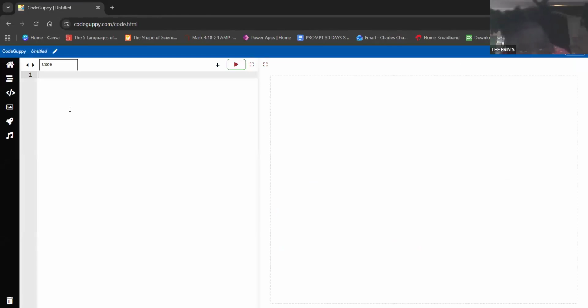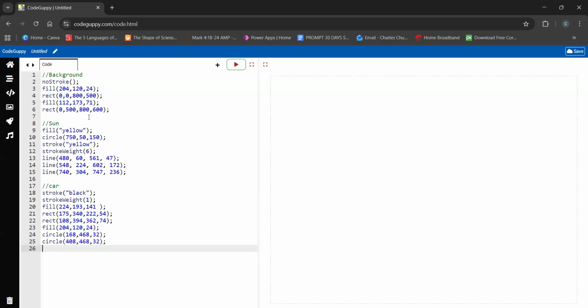Okay, so I still have that code that I've copied. I'll paste it. All right. So I'm sure if you look at this code very well, you can understand it. For instance, if we start from the top here, whenever you see no stroke, it simply means don't draw anything.